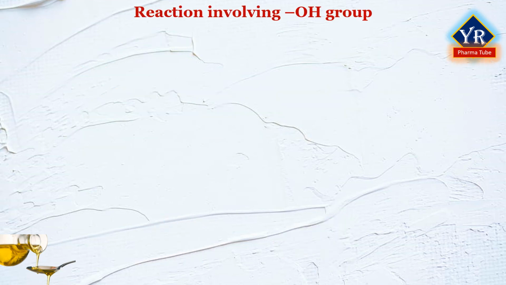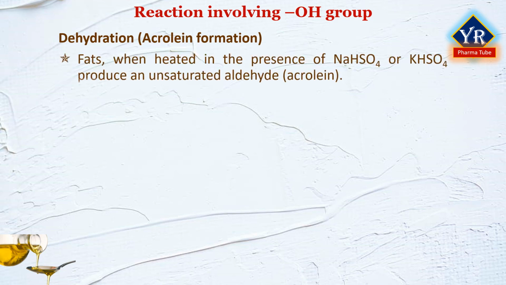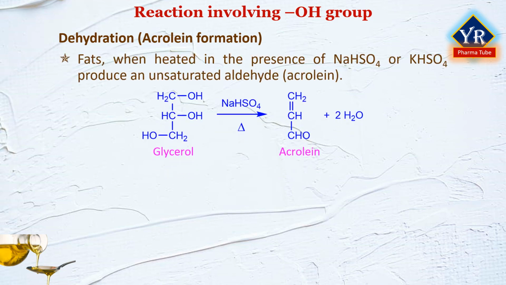Reaction involving hydroxyl groups. Dehydration reaction, which is also referred to as acrolein formation or acrolein test. Removal of one or more water molecules is a dehydration reaction. Fats, when heated in the presence of a dehydrating agent, that is sodium hydrogen sulfate or potassium hydrogen sulfate, produce an unsaturated aldehyde called acrolein from the glycerol moiety.